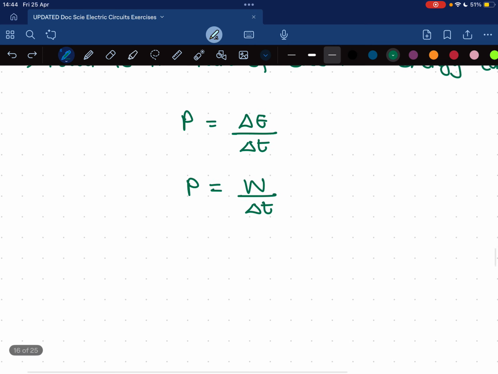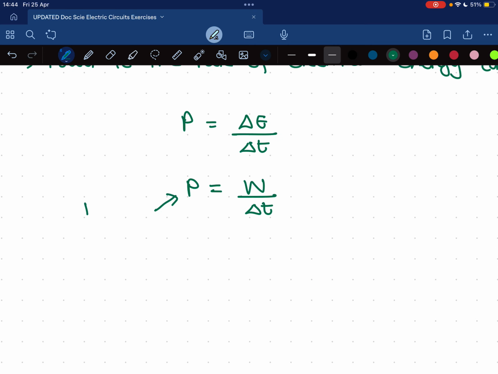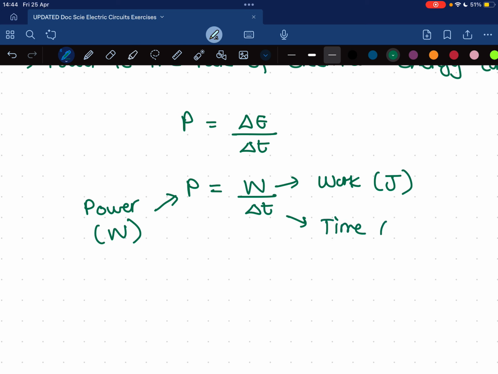So we have this equation here where P is for power, which is measured in watts. You have work or energy measured in joules, and you have the time measured in seconds.